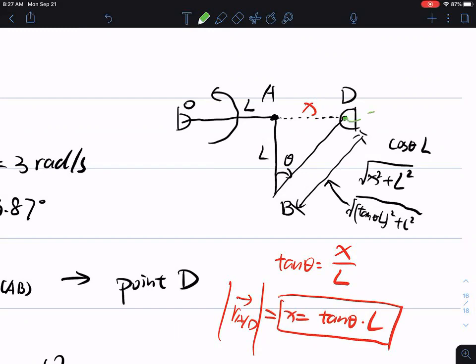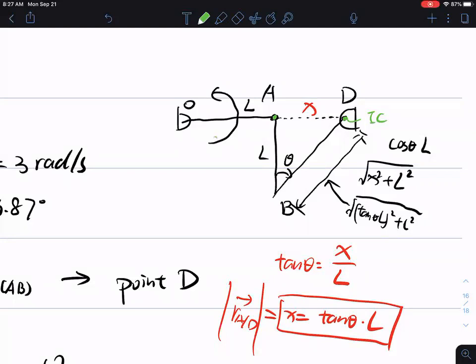Here is your instant center for AB and BD. Here is a point on AB. Let's look at how AB is rotating. Is AB rotating counterclockwise or clockwise? Can you tell? This is the instant center for AB.